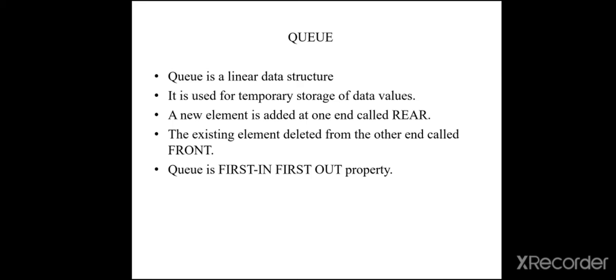In a queue data structure, insertion and deletion operations are performed based on the FIFO principle. FIFO is nothing but first in, first out. In a stack, we followed the LIFO principle, that is last in, first out. In a queue, we will be following the FIFO principle, first in, first out.